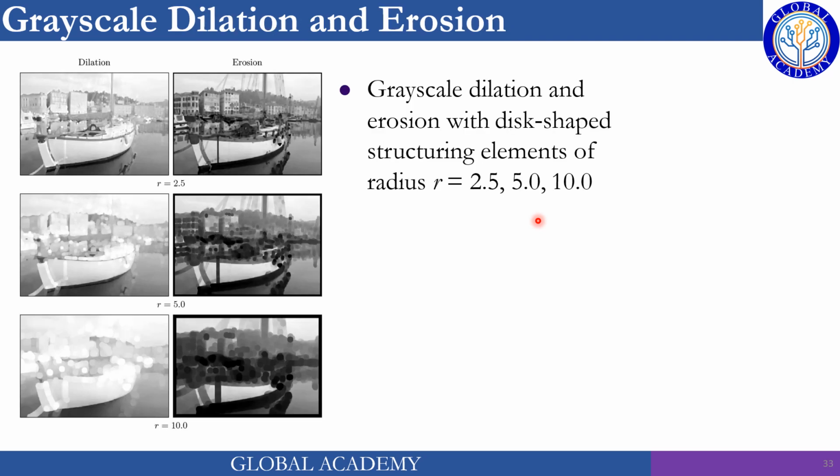Here are some examples, though you cannot extract some meaning or some interpretation of these operations, because as I mentioned earlier that it's not that popular like binary morphology. So we have dilation and then erosion with some smaller disc shaped structuring element, and then bigger disc shaped structuring element, and even bigger.